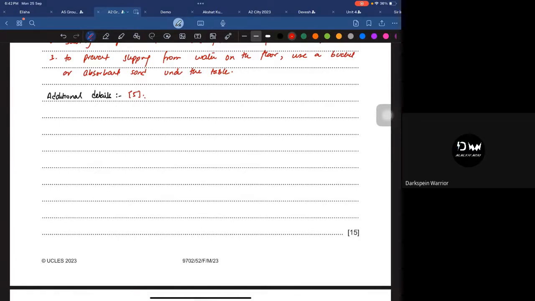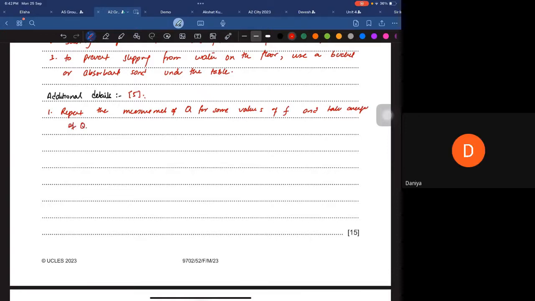Yeah. So one of the reasons that comes to my mind, and usually these reasons are the most repeated ones. So first of all, always write, repeat the measurements of Q for same values of F and take average of Q. Do you guys get it? Yes.